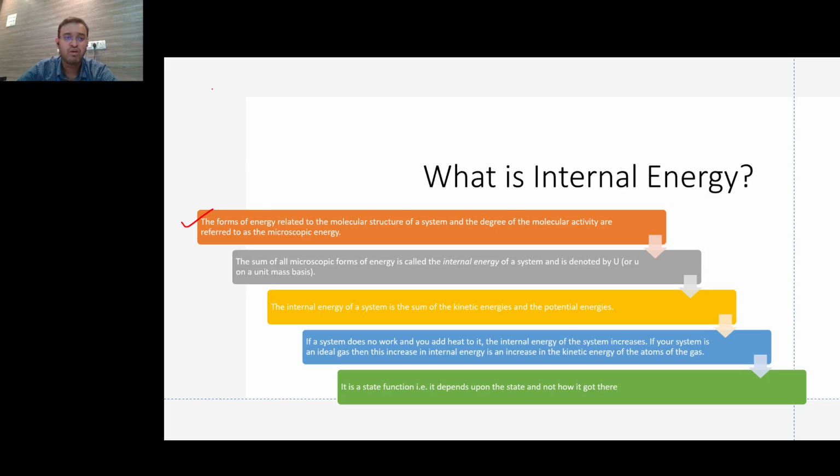The basics of this, what it implies, is that when we observe any substance on a molecular level, that is, we have a microscopic approach, we soon find out that each of these substances is made up of tiny molecules.